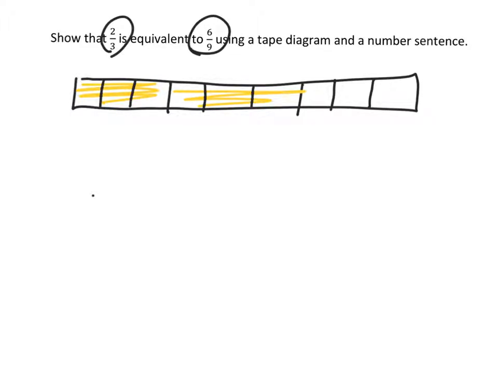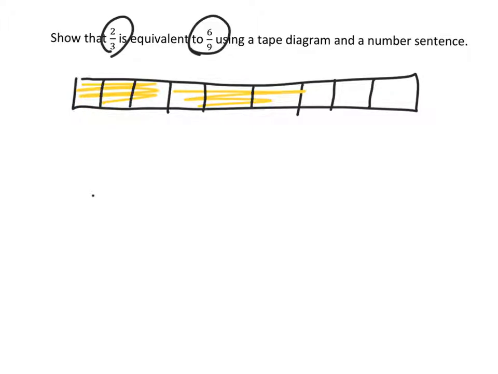Because if you see over here, this is 2/3, 1, 2, 3, 1, 2, 3, and now we have 6/9. We've got 1, 2, 3, 4, 5, 6, 7, 8, 9, and how many are colored in? 1, 2, 3, 4, 5, 6.